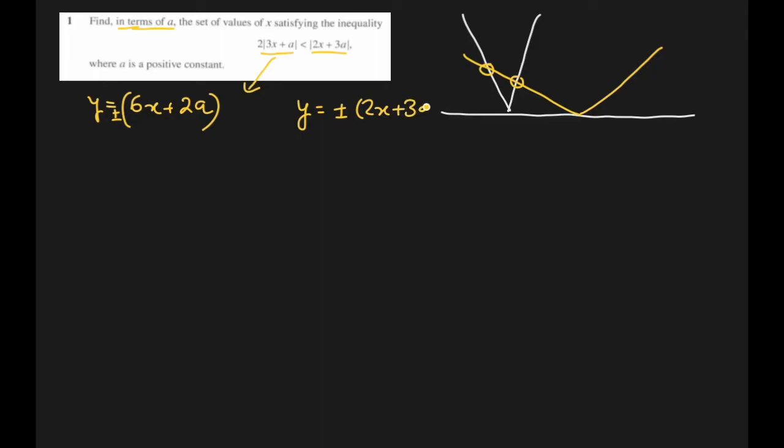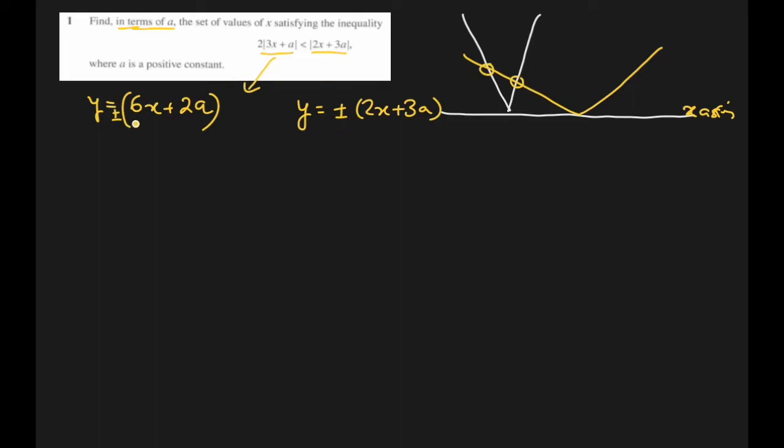We are not sure whether inside these modulus they are positive or negative, that's why we wrote both of them. But what is important is that both of them will have final values positive, above the x-axis, and the one with lower gradient will intersect the one with higher gradient at two places.